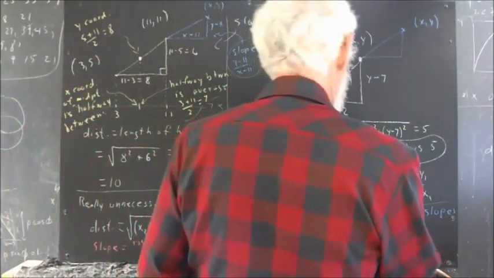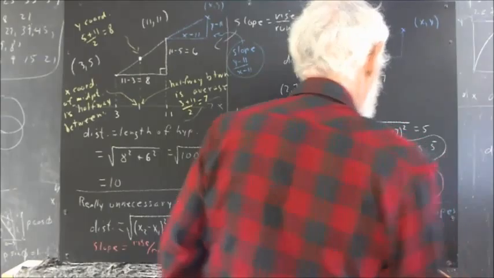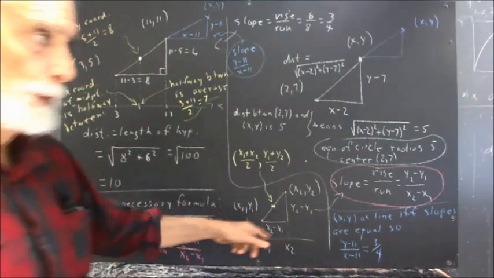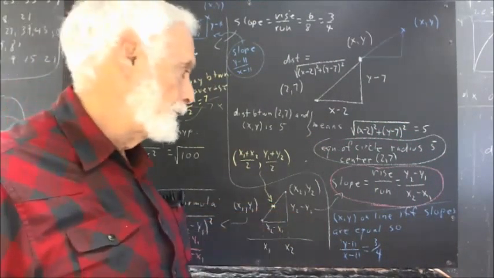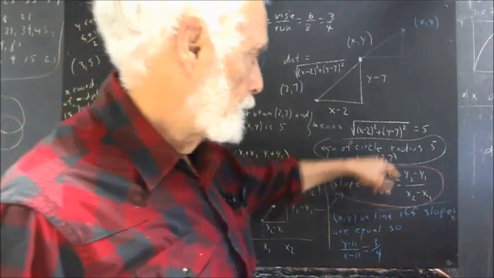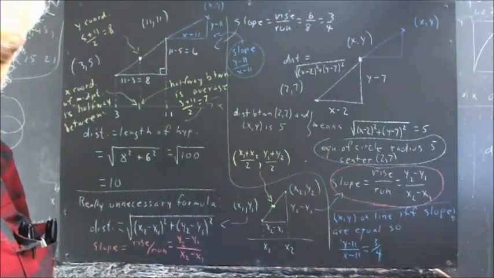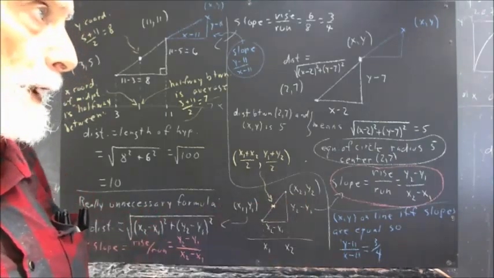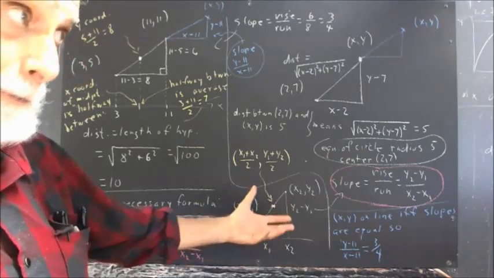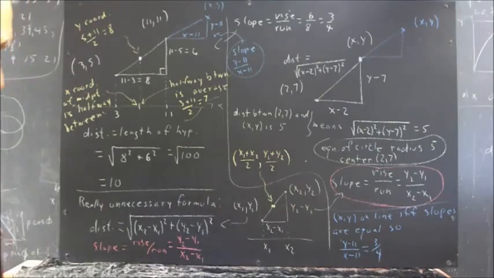So the rise is y2 minus y1. The run is x2 minus x1. That comes directly from this picture. So the slope is rise over run, y2 minus y1 over x2 minus x1. A little embarrassed that I missed that, but I'm glad that I didn't leave it out because I was afraid I had. Again, written down over here as well.